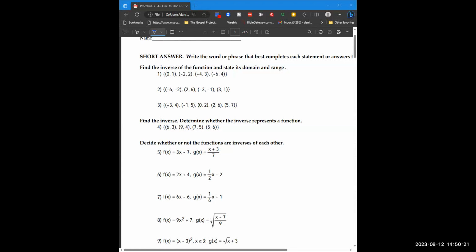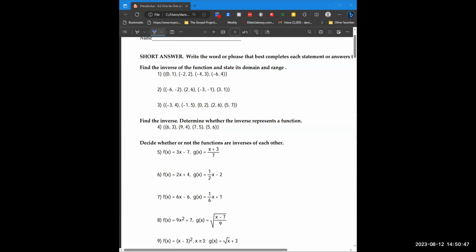Okay, so we've got number 3 here. Again, we're just going to switch the x and y in the ordered pairs. So it becomes 4, -3, 5, -1, 2, 0, 6, 2, 7, 5.